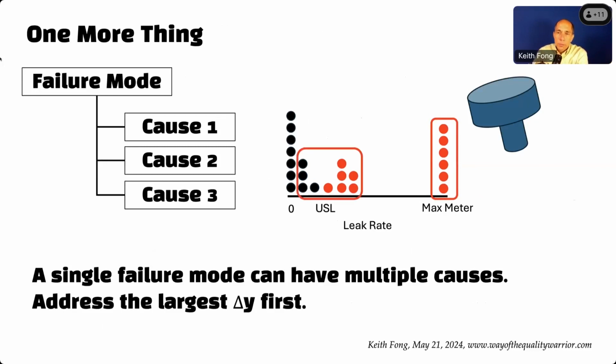So, as I said, deal with one, then the other. Deal with the maximums, and once you get rid of that, then you have a new maximum, hopefully with a delta Y that is a lot smaller.